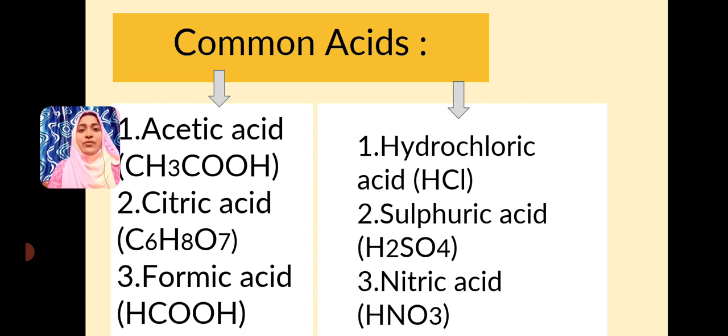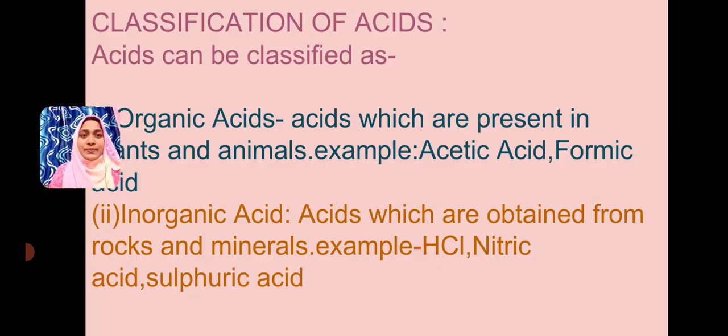This citric acid we find in lemon. The chemical formula of formic acid is HCOOH. Meanwhile, inorganic acids are hydrochloric acid, HCl, sulfuric acid, H2SO4, and nitric acid, HNO3.